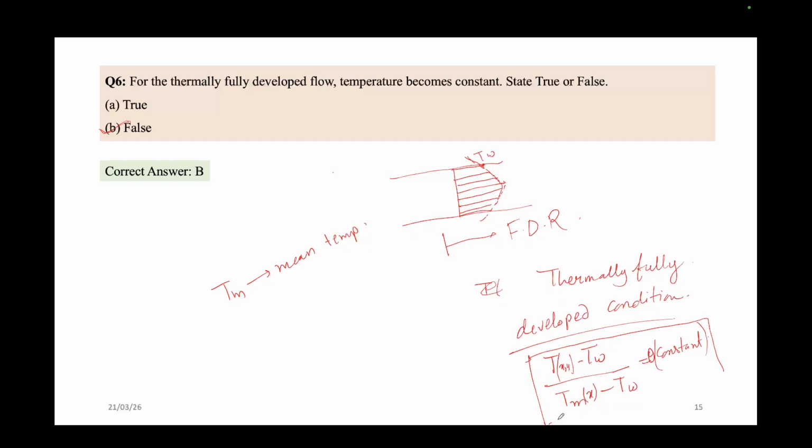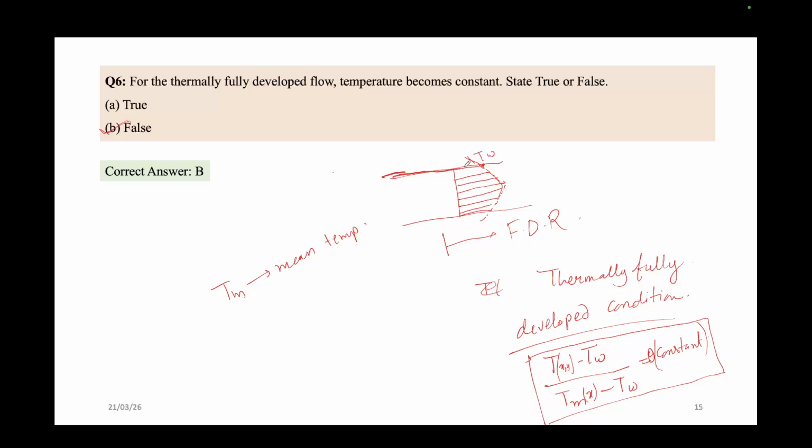The profile always remains constant, because if this value increases, the other thing needs to increase as well. So the profile remains the same. Physically, if heat is applied to this wall, the fluid temperature keeps increasing along the channel.